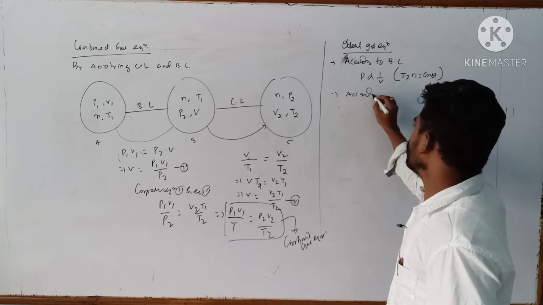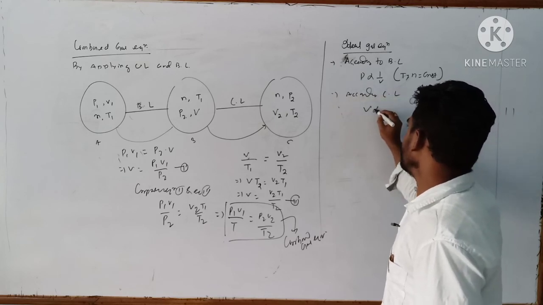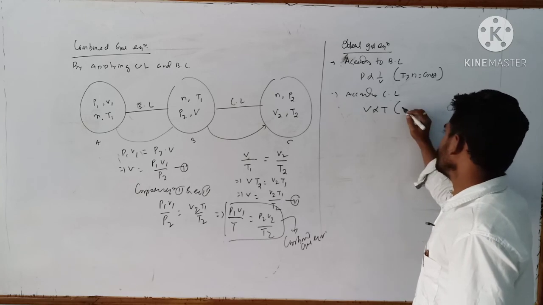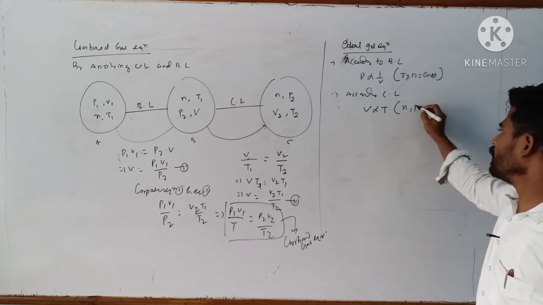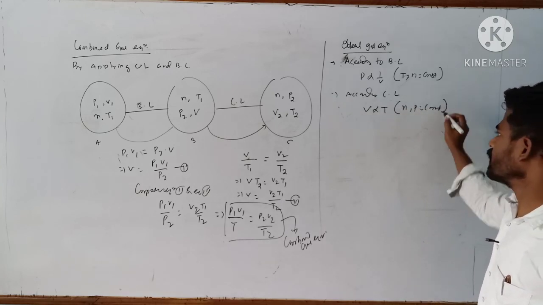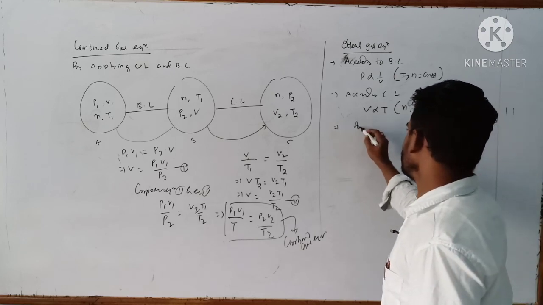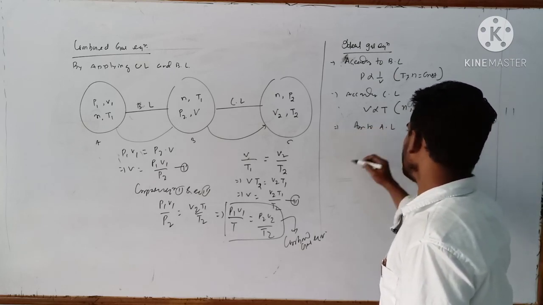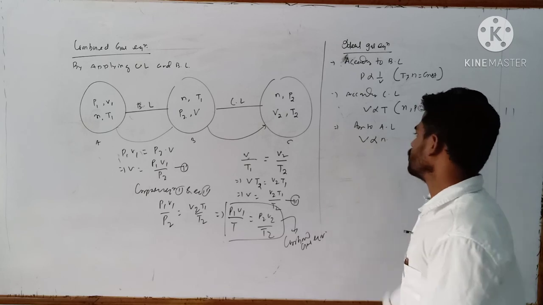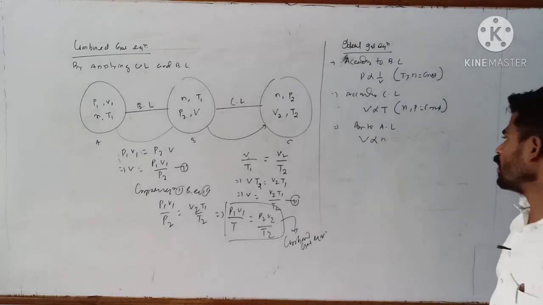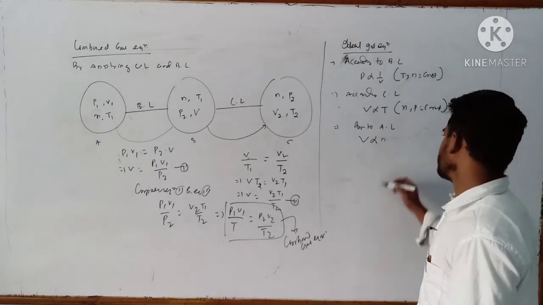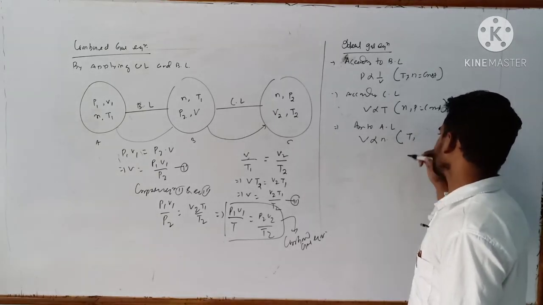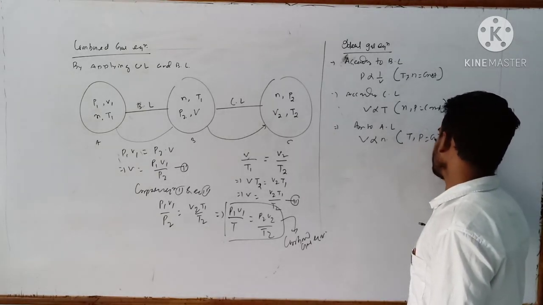Then according to Charles' law, V is directly proportional to T, where N and P both are constant. Next, according to Avogadro's law, the volume of a given mass of a gas is directly proportional to the number of molecules. We have gone through it in the basic concepts. Here T and P are constant.